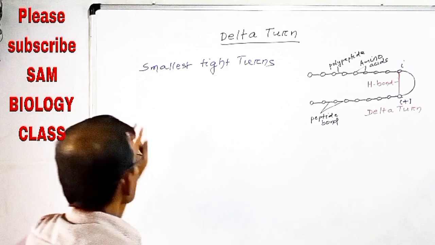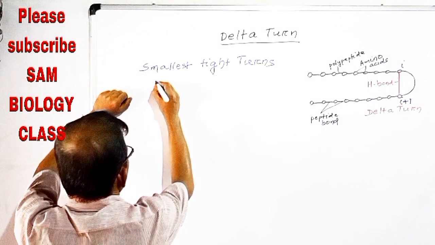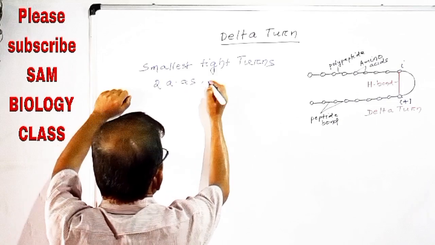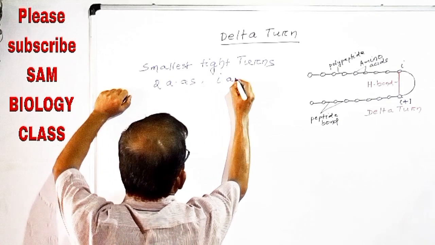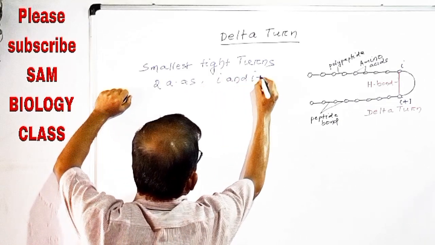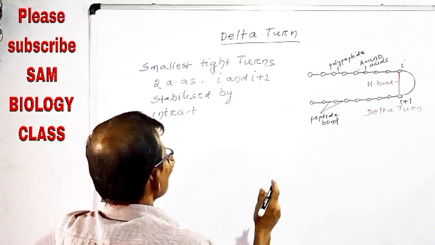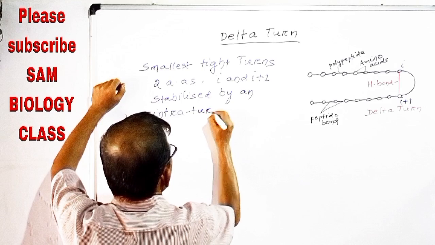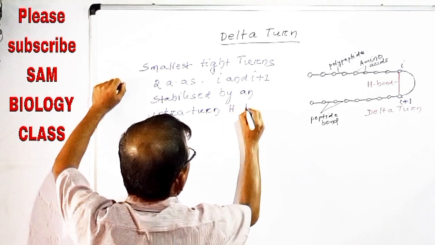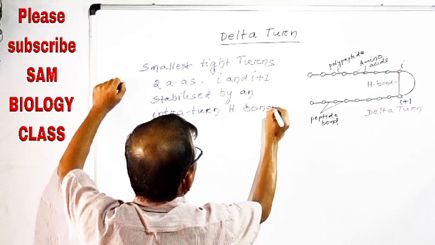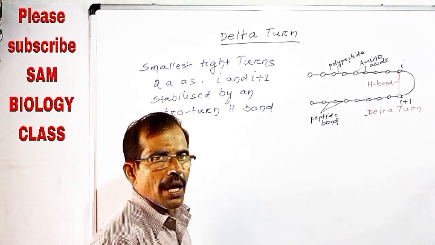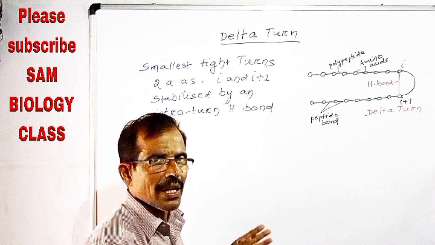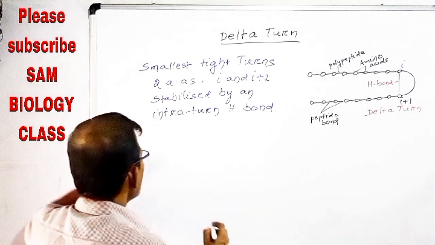Delta turn is the smallest type of turn. It consists of two amino acids which are labeled i and i plus 1. Such turns are stabilized by an intra-turn hydrogen bond which is formed between the carbonyl group of one amino acid and the amide group of another amino acid which is located next in the polypeptide chain.